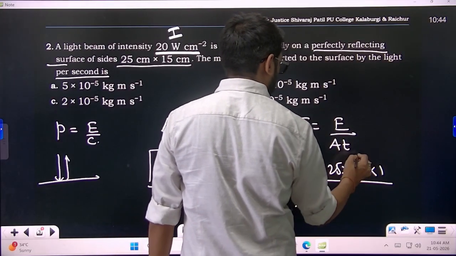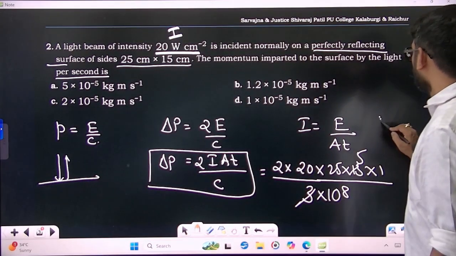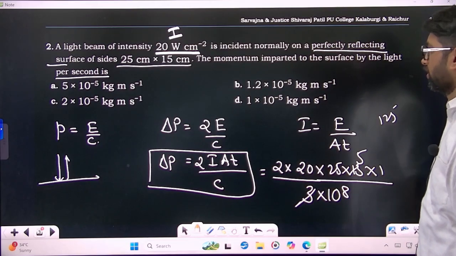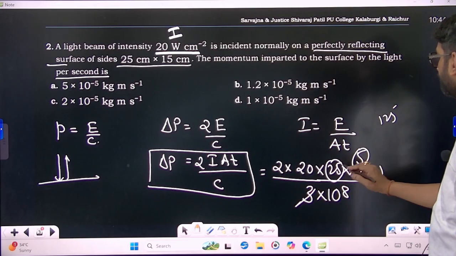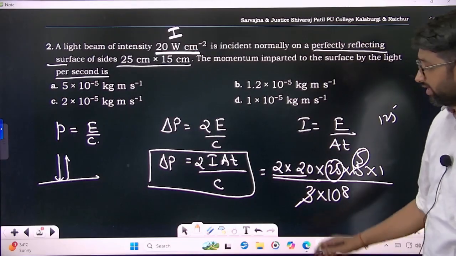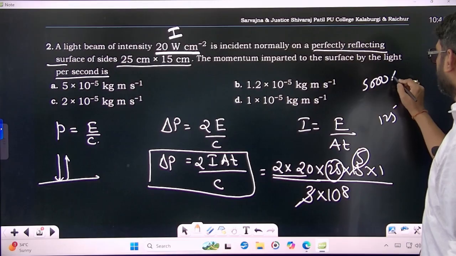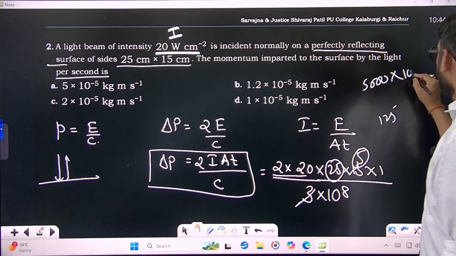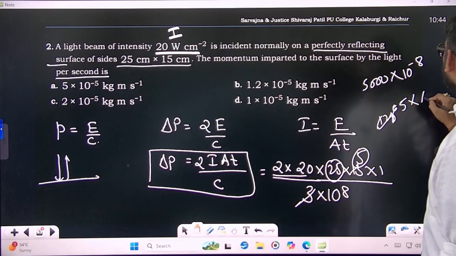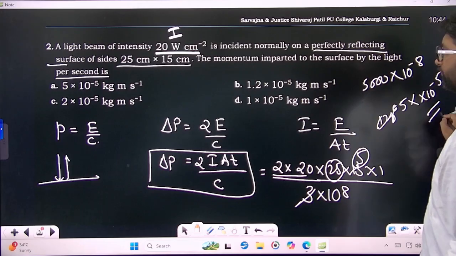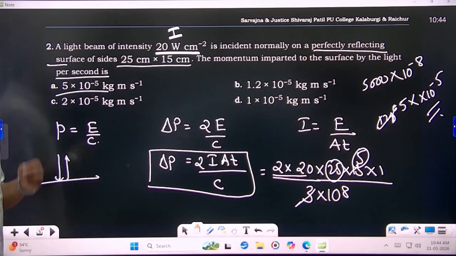So this is 5 times 25 is 125, 125 into 4 is 500, one more 0, so 5000 into 10 to the power of minus 8. So it would be 5 into 10 to the power of minus 5 kg meter per second.